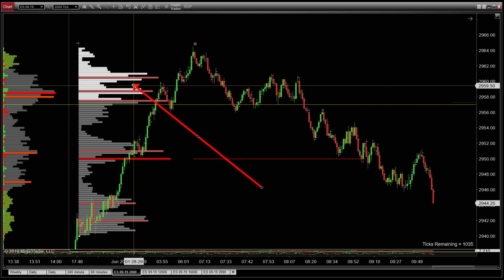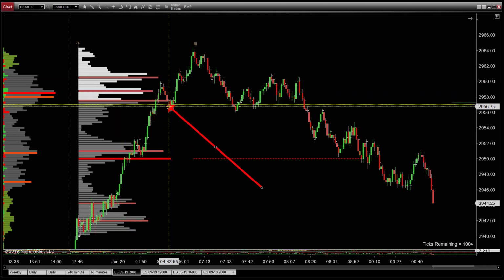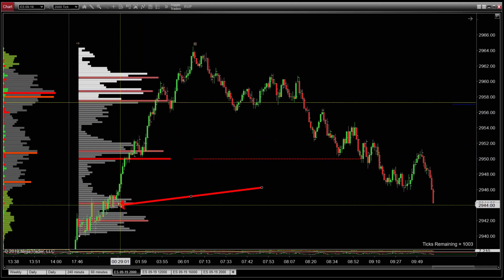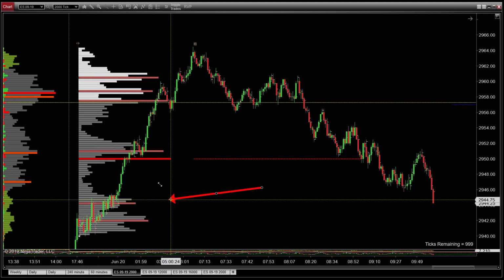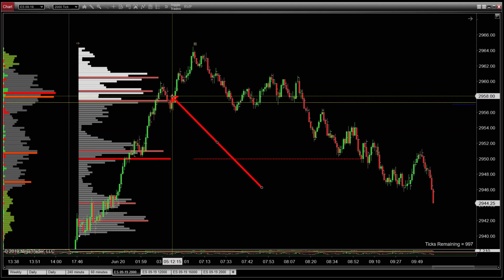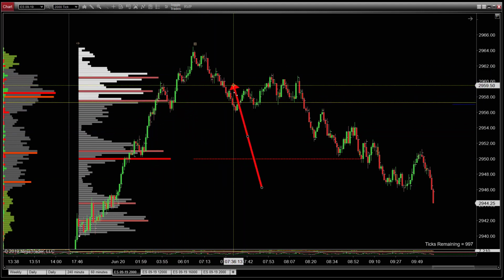This one's pretty scattered, so when you have multiple volume clusters inside of a node and inside of a bigger node, you're going to get a bunch of little skippy type pullbacks.